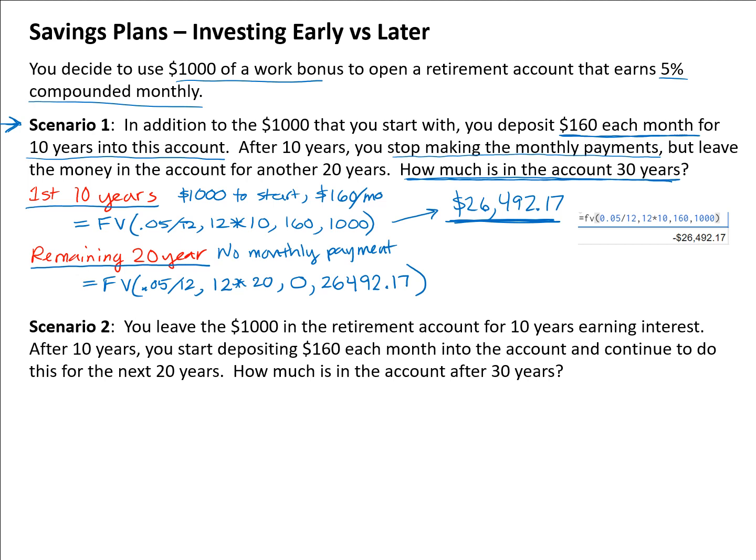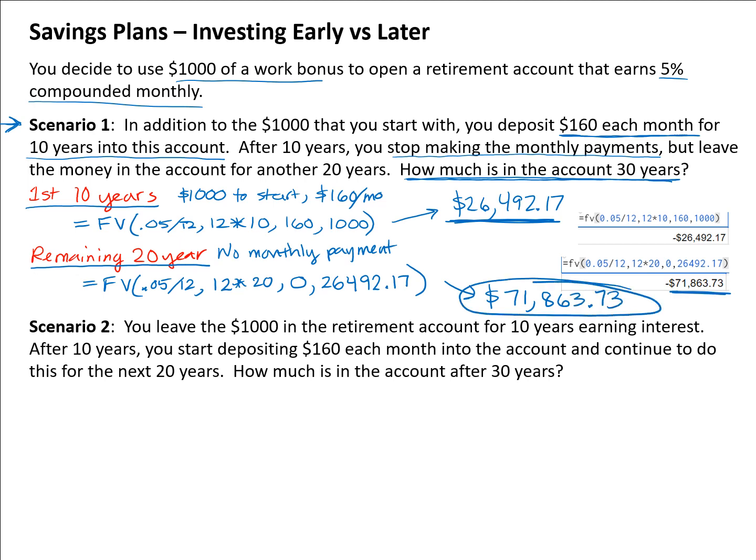So if I enter this amount in, what we'll see, and here's my screenshot from Google Sheets, is that we end up with $71,000 at the end of those 20 years, and that is actually how much we have after all 30 years, because this incorporates what we had in the account at the end of 10 years.